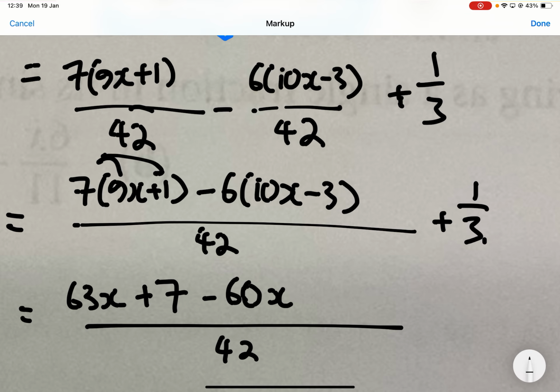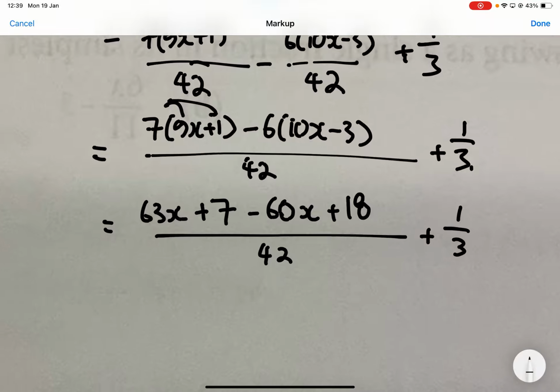So minus minus become plus. This sign is very important. Must change to plus. Because minus 6 times of negative 3. Minus negative. Minus minus become plus. 6 times 3, 18. Plus 1/3 is behind. I don't need to change it.